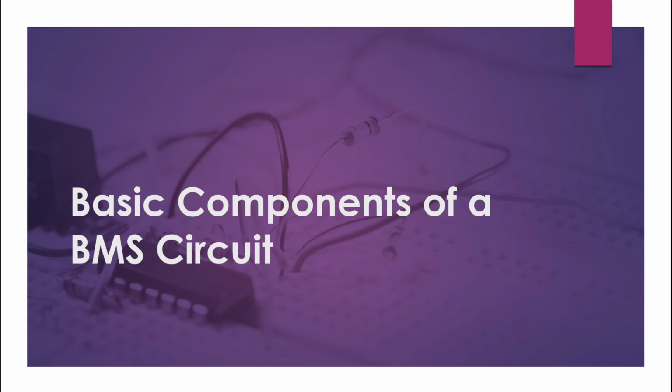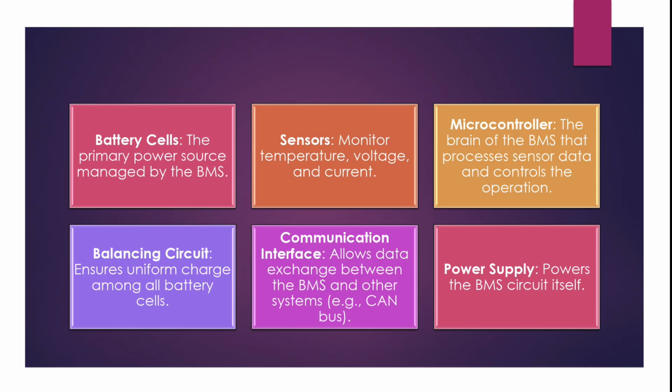Below is a brief outline of basic components of a BMS circuit that I used for my presentation. Battery cells, the primary power source managed by the BMS. Sensors monitor temperature, voltage, and current.